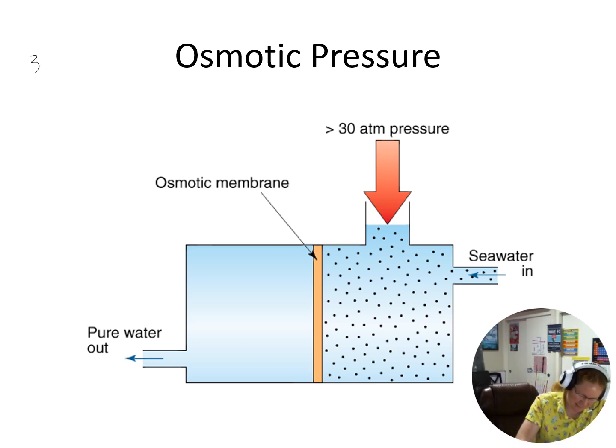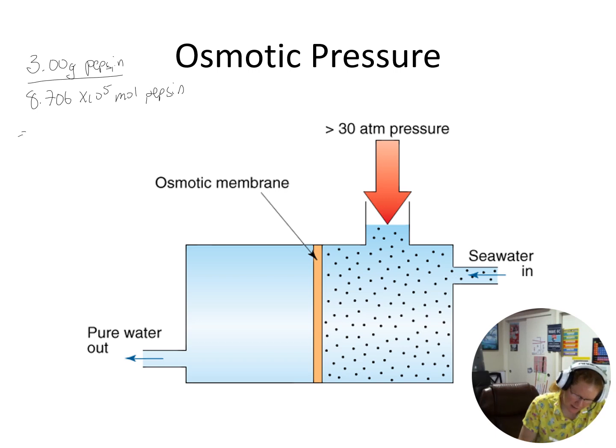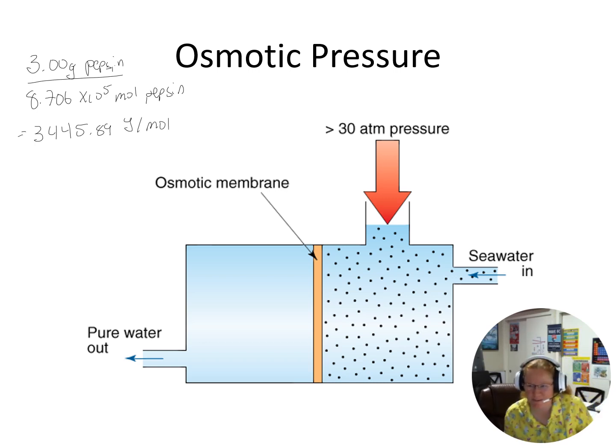We're going to take our 3 grams of pepsin over our 8.706 times 10 to the negative fifth moles pepsin, and we're going to get 3,445.89 grams per mole. It's huge because, again, pepsin's a protein. It's a macromolecule. It should have a giant molar mass. Okay? So if you can figure out moles and you're given grams, you can get the molar mass.